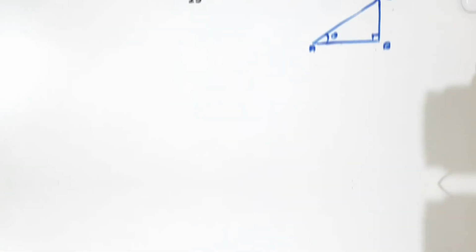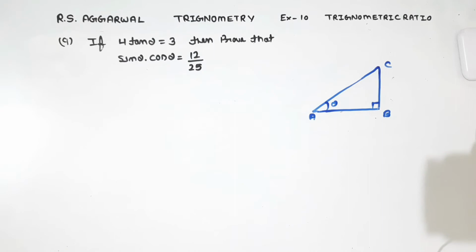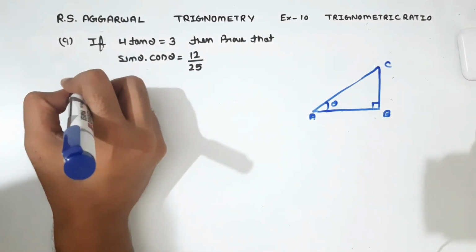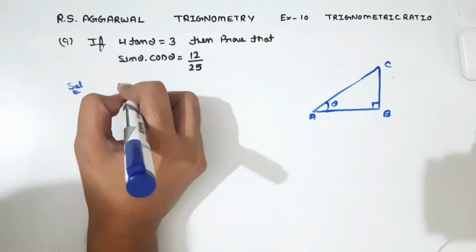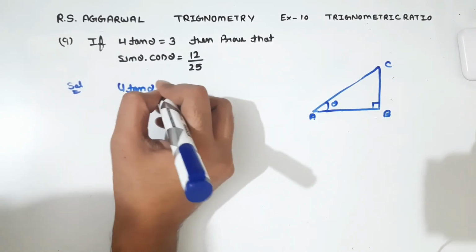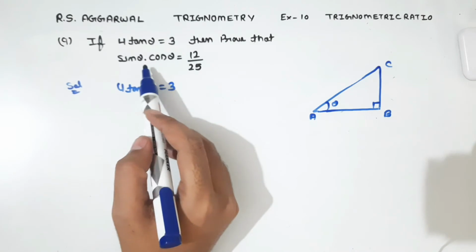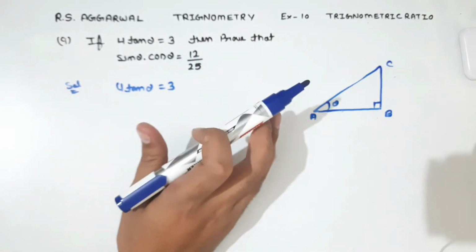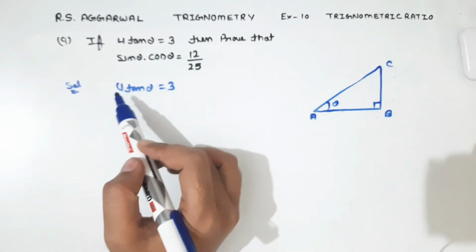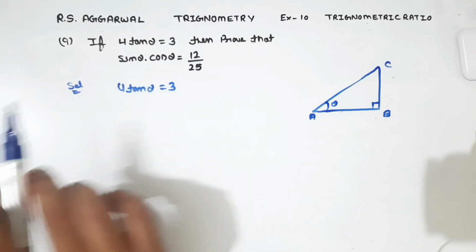R.S. Agrawal trigonometry exercise 10 trigonometric ratio question number 9. In question number 9 we have given if 4 tan theta is equals to 3, then prove that sin theta into cos theta will be 12 upon 25. So we have given 4 tan theta equals to 3.